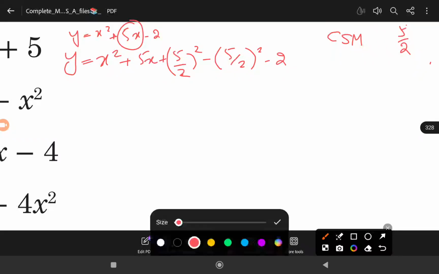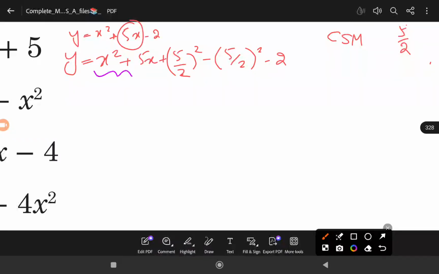You can see that these three terms are going to be like a square plus 2ab plus b square. So this is our a and this is our b.